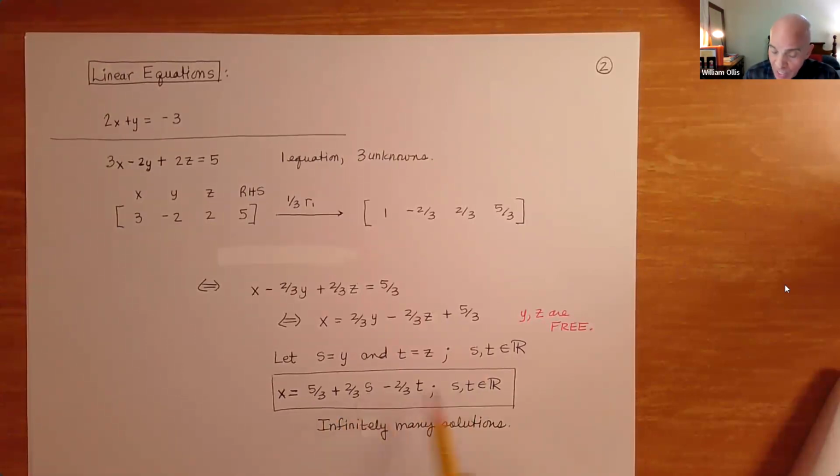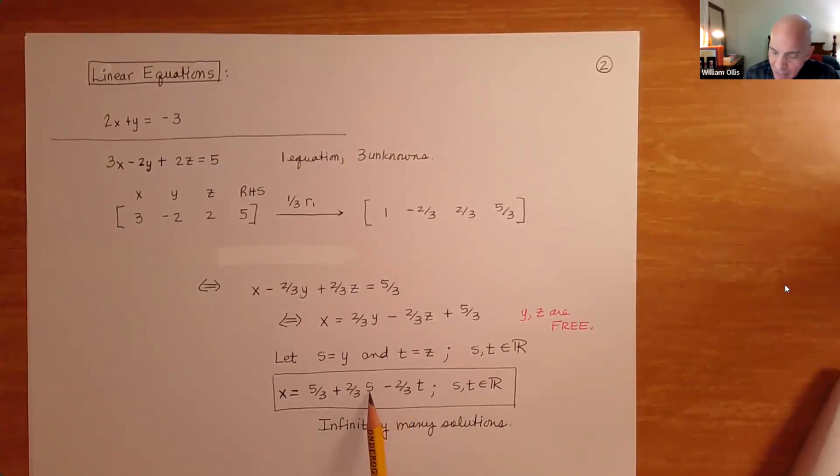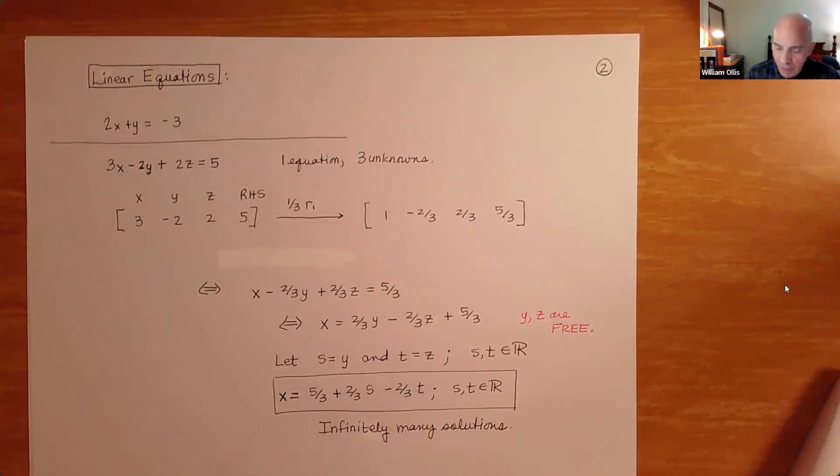But if you start changing the numbers around, you get a very interesting situation. Notice here, if S equals 1 and T equals 1, these just absorb, and you still get 5/3. So then you're thinking, okay, well, let's think of it this way.